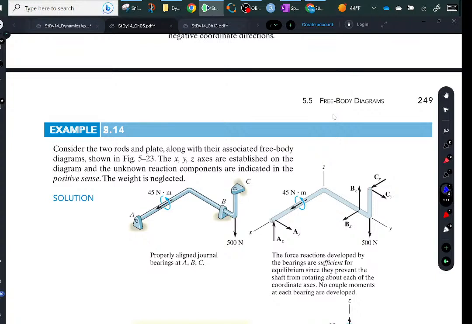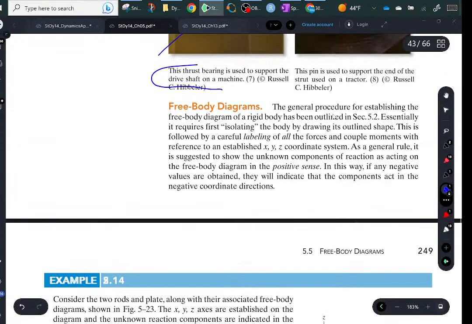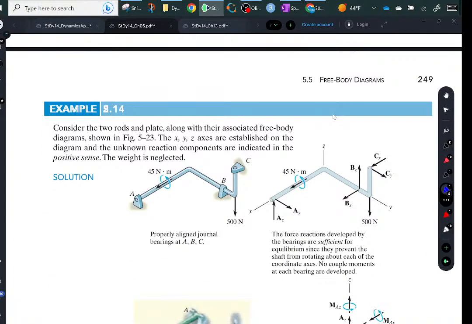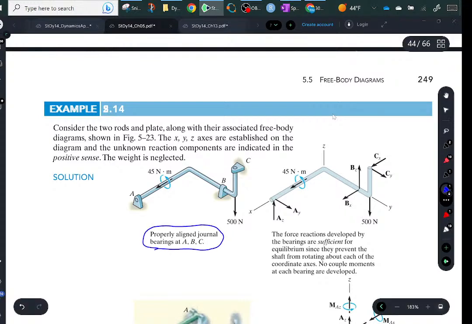Okay, so he says, consider the rod and the plate acting along the associated free body diagram. He doesn't really use many words, except he says this. When you look at it, you have a bearing, right? Technically, this thing can take a moment like so, and it can take a moment like so, if this is truly a bearing, unless it's allowed to rotate all sorts of ways.